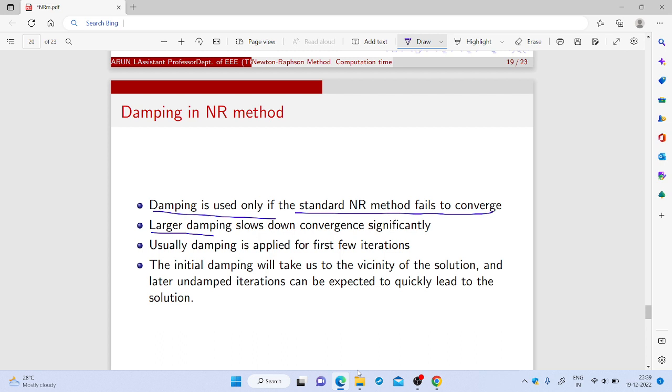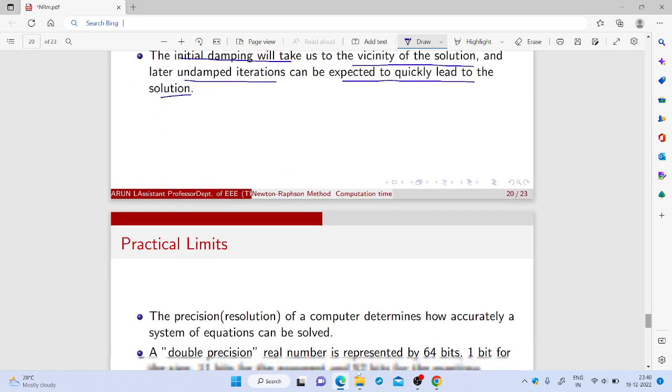So this initial damping will bring the new value close to the root, and later we can remove the damping so that it will converge quickly. The initial damping will take the process close to the solution, and later undamped iterations may bring the process to the solution quickly. So that is the usual procedure.